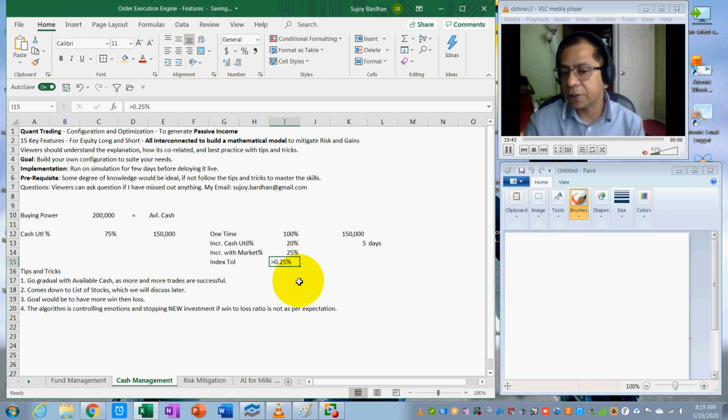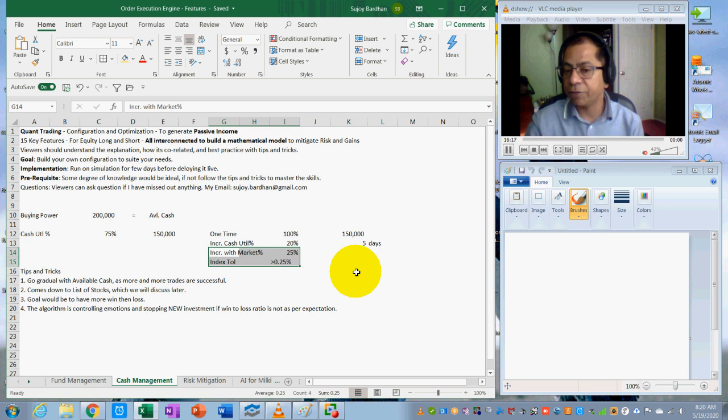In that case, your cash utilization will not be used fully, because it's also looking into the market, where you are telling the algorithm to invest only 25% more if the S&P, or whatever index you're following, is more than that percentage of 25% for that day. So this can be effective, and if you want, you can try this route also, especially these two routes.